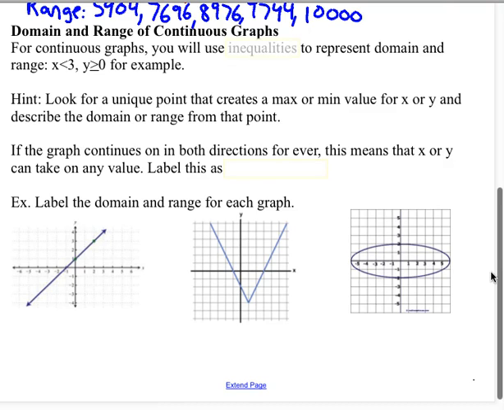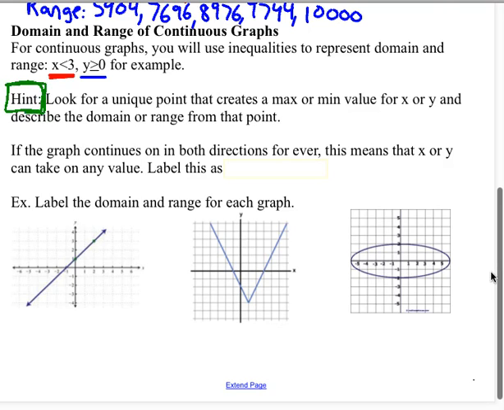So you're going to use inequalities to represent the domain and range. So for example, your domain might be x values that are less than 3. Your range might be y values that are greater or equal to 0. So we're going to be using inequality statements when we're talking about continuous graphs. Okay? Now, one little hint I have for you.